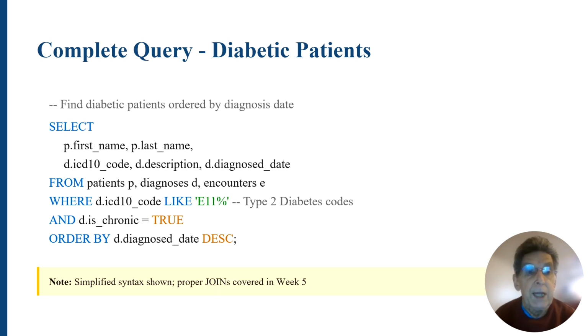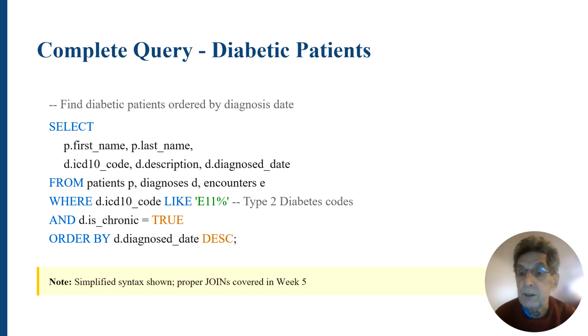All right, let's put everything together with some complete query examples. These demonstrate how select, where, and order by work in conjunction with each other. The first query finds diabetic patients ordered by diagnosis date. We're selecting patient names along with diagnosis details from multiple tables.